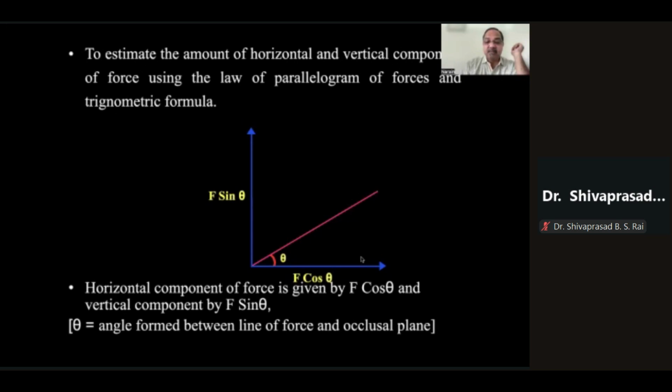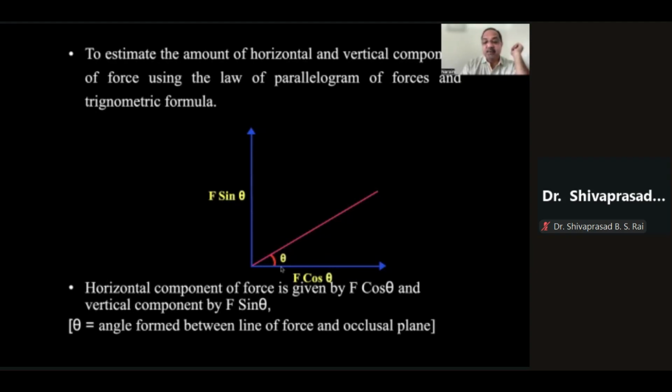The horizontal component of force is given by F cos theta, and the vertical component of force is given by F sin theta, where theta is the angle formed between the line of force and the occlusal plane. The pink is the line of force, this is the occlusal plane, and this is theta.